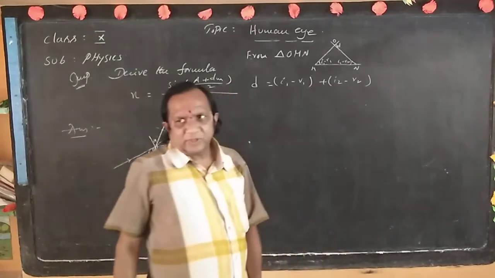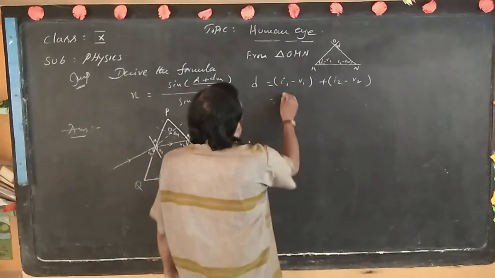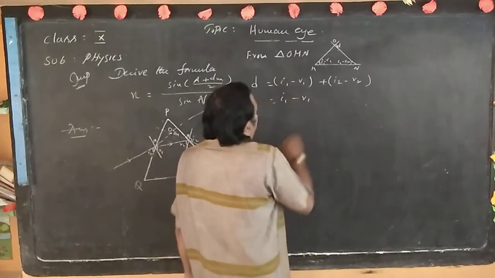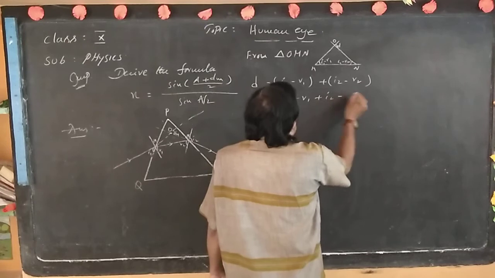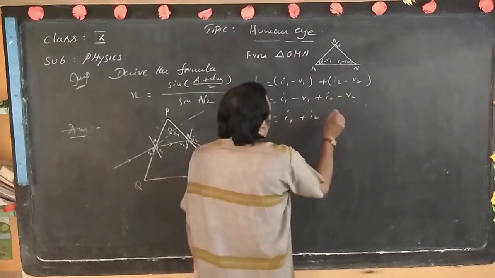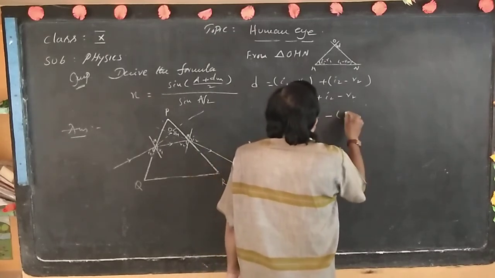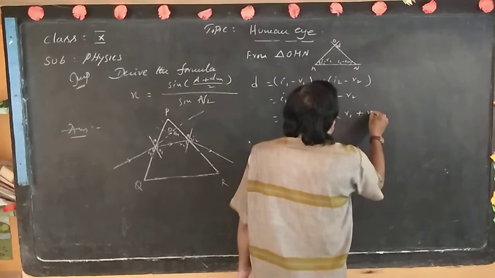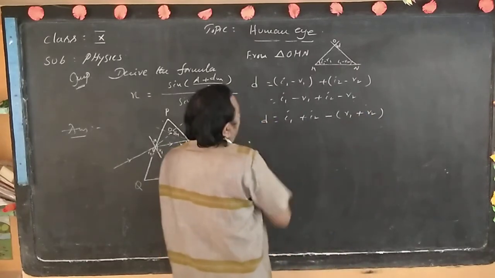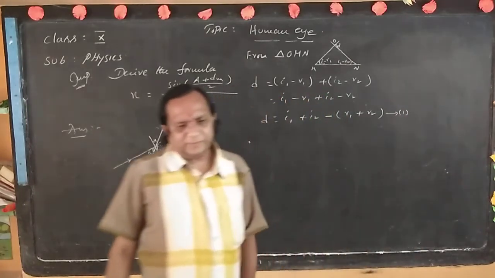By adding this, D equals I1 plus I2 minus, taking the minus common, R1 plus R2. Let this be equation number 1.